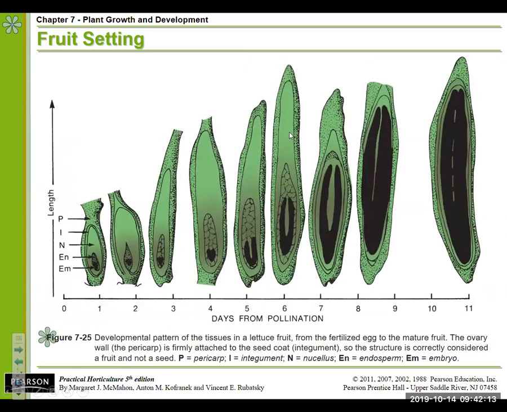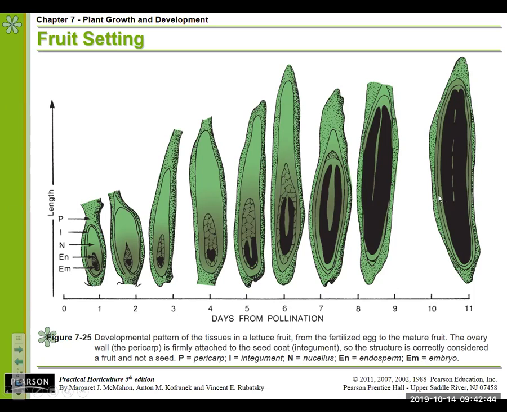So here's just an example of some of the accessory tissues in this case in a lettuce fruit. We don't really think of it that much as a fruit because it's a dry seed, but technically it is a mature fruit. So we have fertilization, pollination, and a process of it developing from that fertilized egg into a mature fruit.